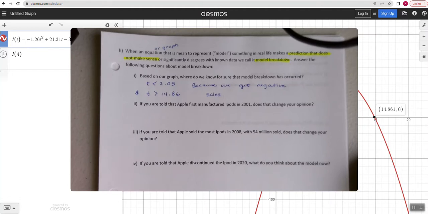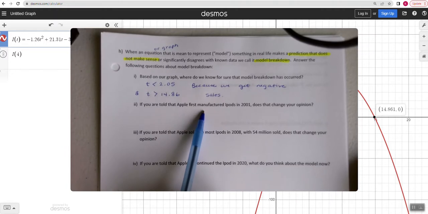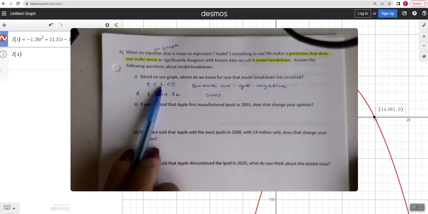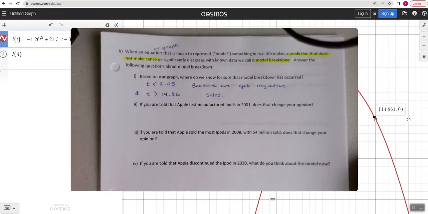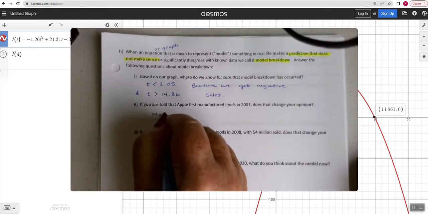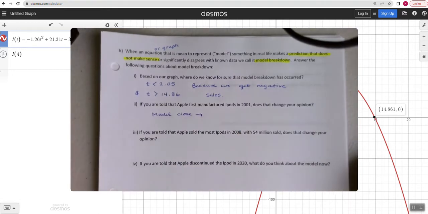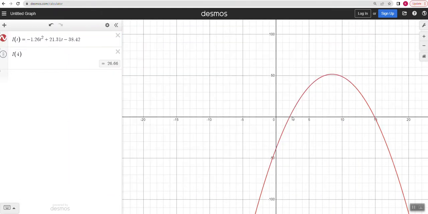All right, if you're told that Apple first manufactured iPods in 2001, does that change your opinion? Well, our model's pretty close, right? We're kind of okay at 2. Maybe we should have had some sales for t equals 1, which is less than 2, but the model's pretty close. In our model, we first started showing positive sales during 2002, right?